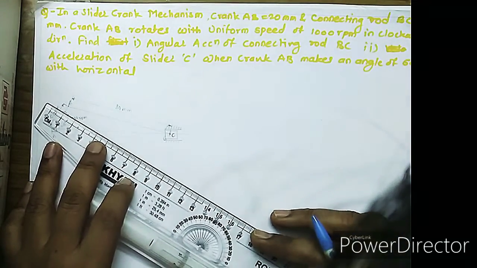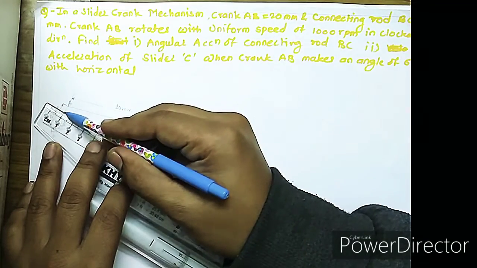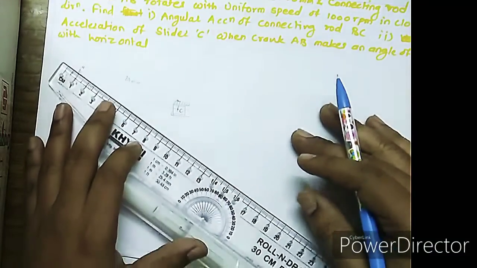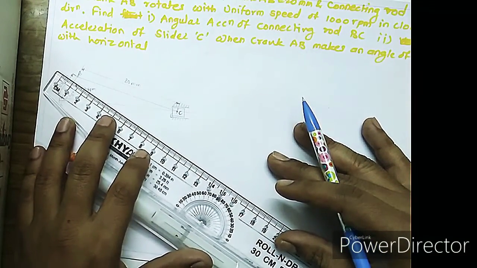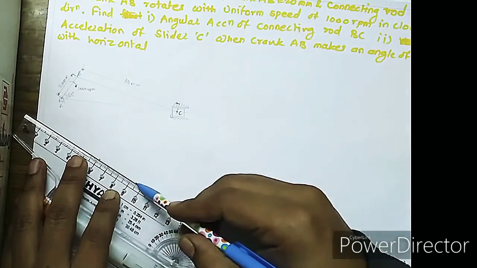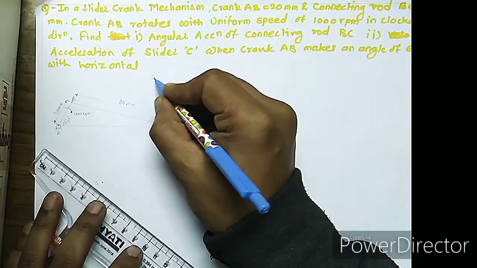To draw the perpendicular lines, align the scale and the line so that we will get the perpendicular lines to that link. Here I have drawn the perpendicular line to the crank.